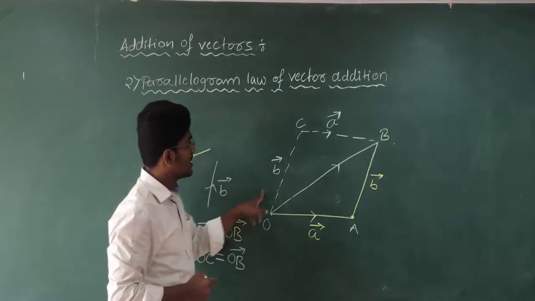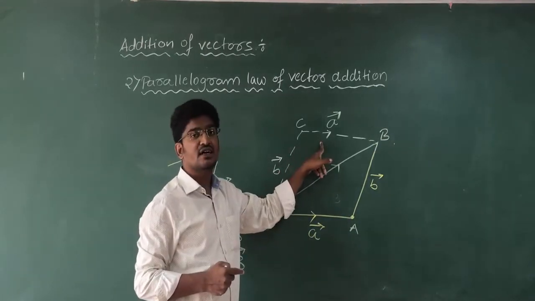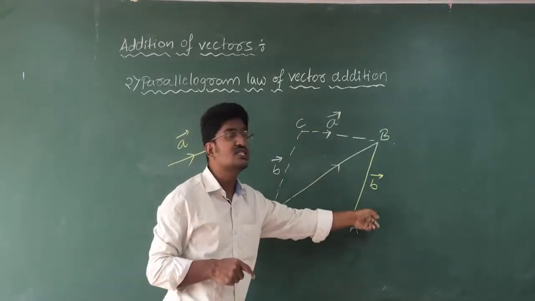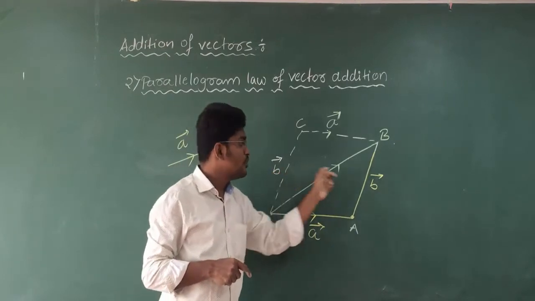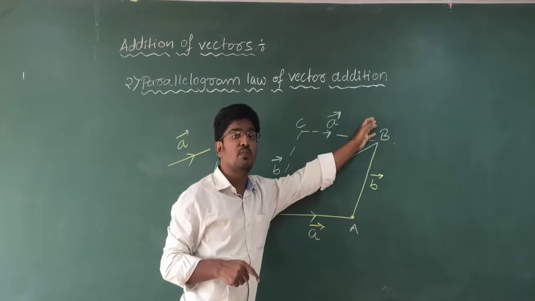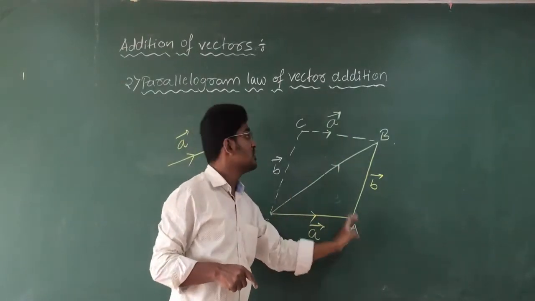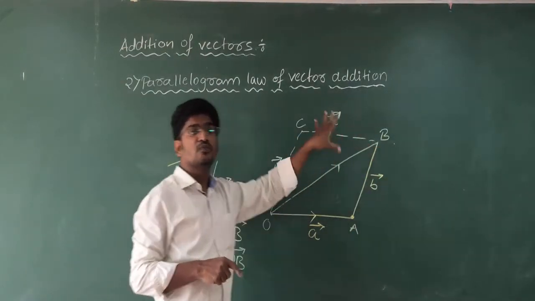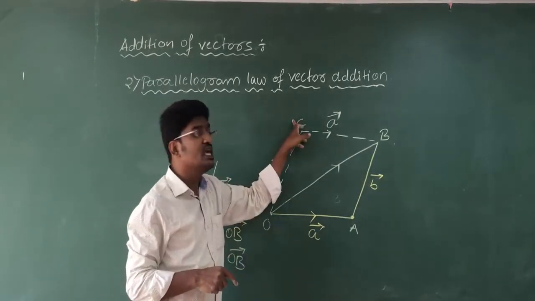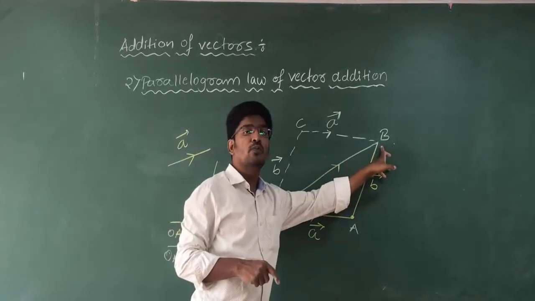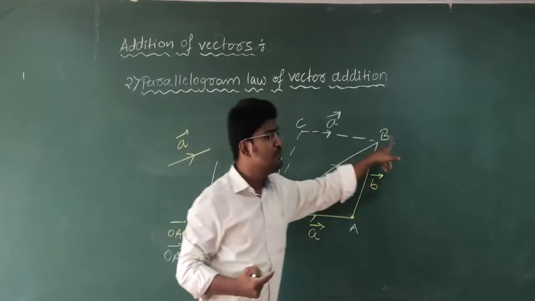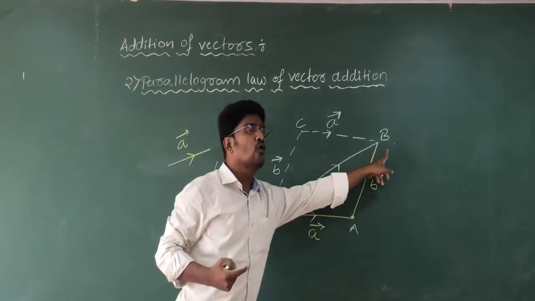By constructing these two sides, it will become a parallelogram. Now we know that in a parallelogram, opposite sides are equal. That's why OC is equal to AB, OA is equal to CB. So from this I can write OA plus OC again will be equal to OB. Or you can also write OC plus CB is also equal to OB.